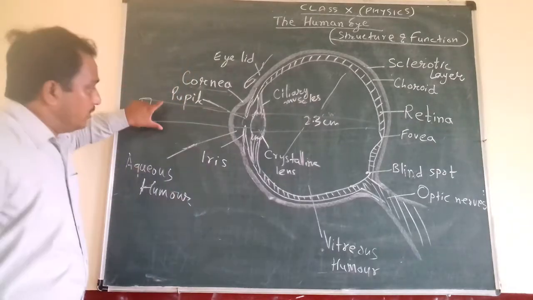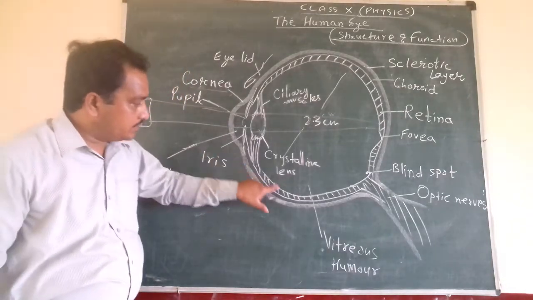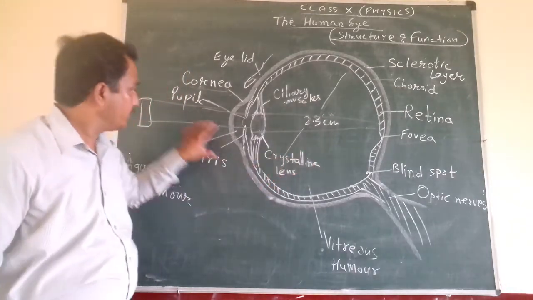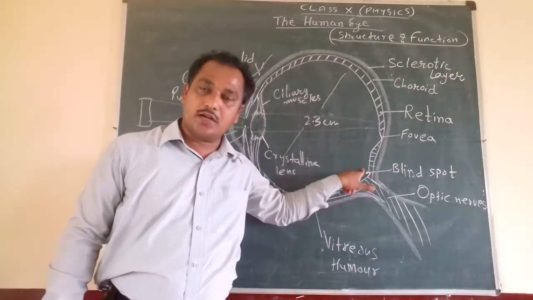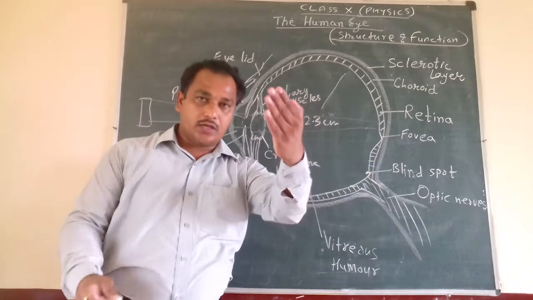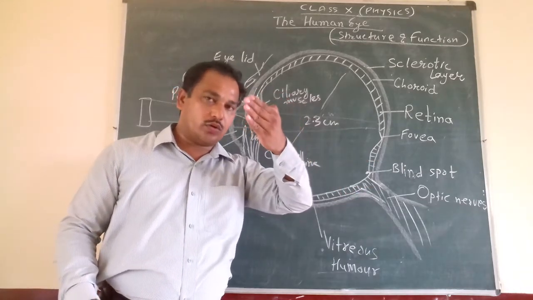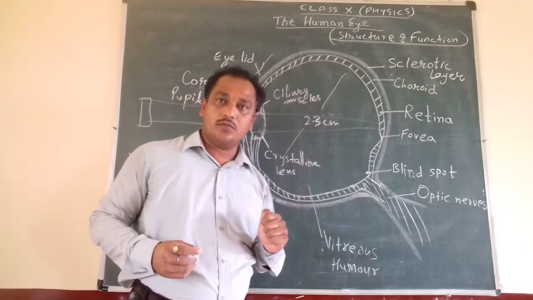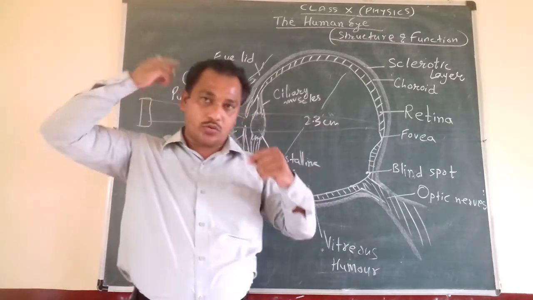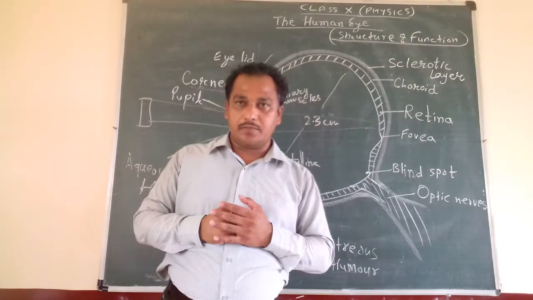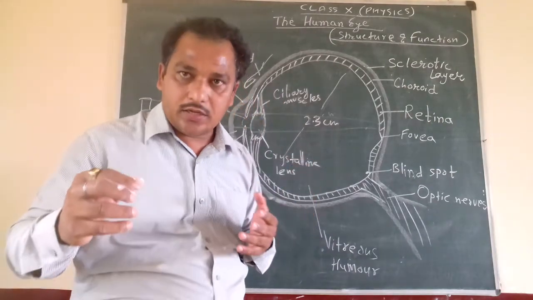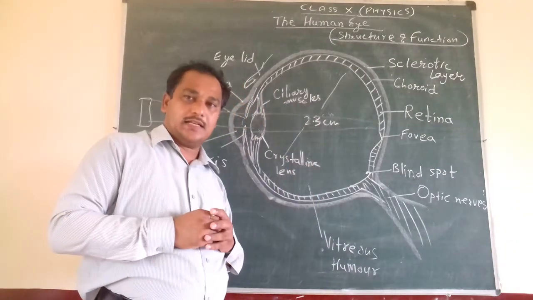Now, what are the other parts? This is the vitreous humor, aqueous humor, and this is the blind spot, as you have studied in earlier classes. When we keep any object very close to our eyes, we are not able to see clearly, is it? The minimum distance should be 25 centimeter to keep any object in front of our eyes so that we can see it clearly.